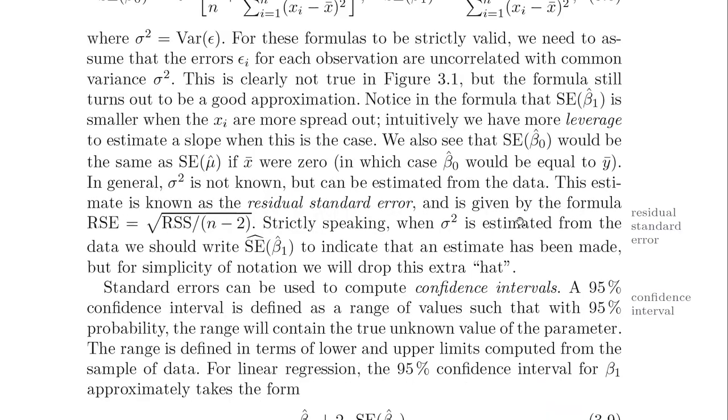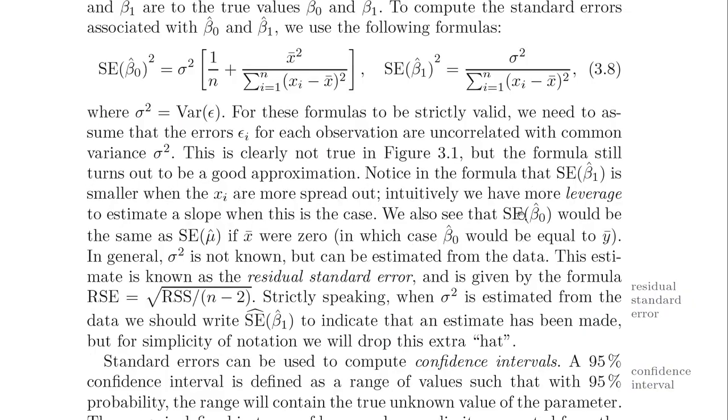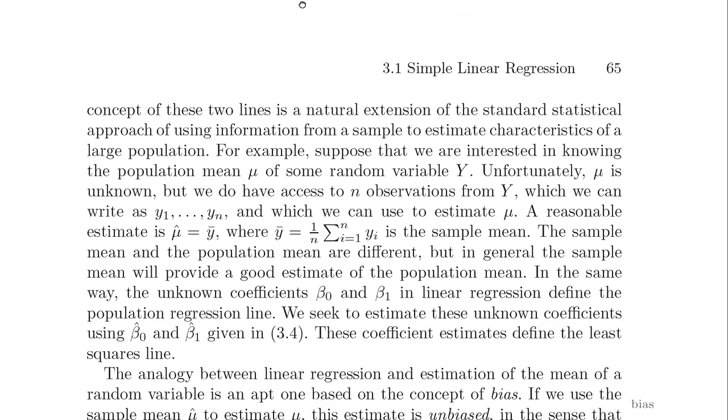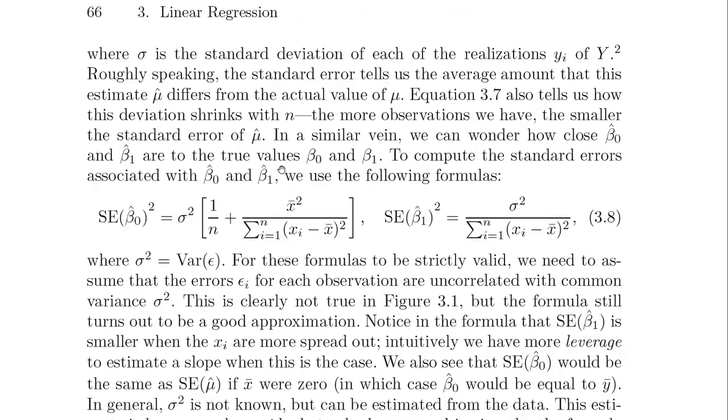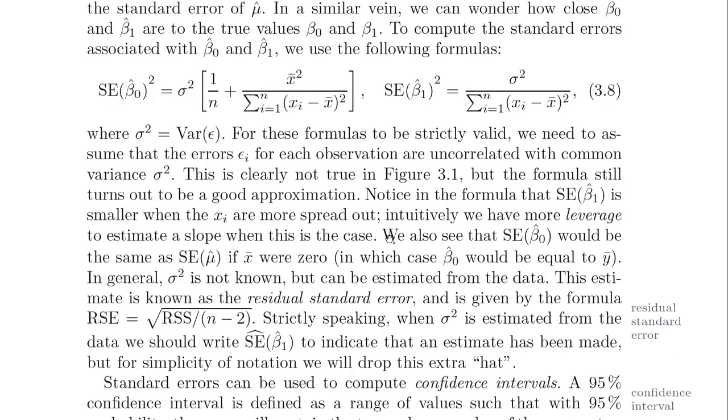We also see that the standard error of beta naught would be the same as the standard error of mu hat. Look, sigma squared all over n. It's like the previous formula. But there's an additional term. It would be the same if x bar were 0.